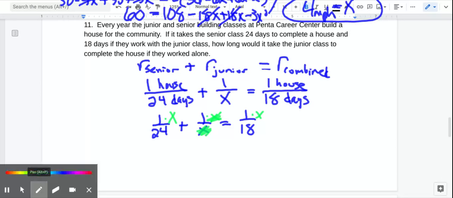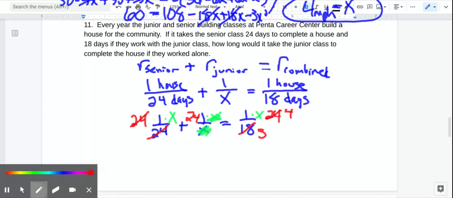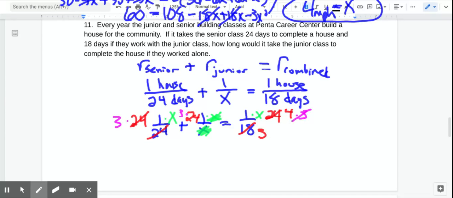We can always reduce later. We'll just multiply by both of them. So if I multiply everything by 24, that'll cancel. Let's see. Oh wait, this might work a little bit. Those are both divisible by 6. So that gives me 4 and 3. Now, I still have a 3 in the denominator, so I'm going to multiply everything by 3 now to get rid of that.